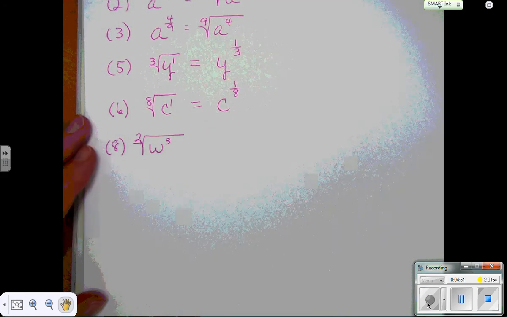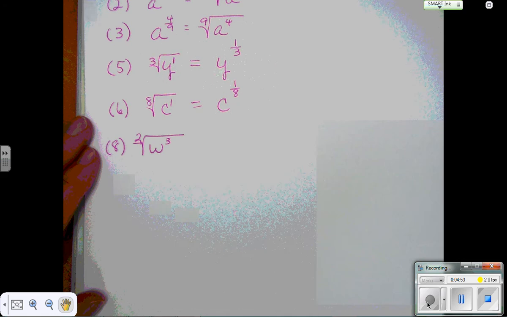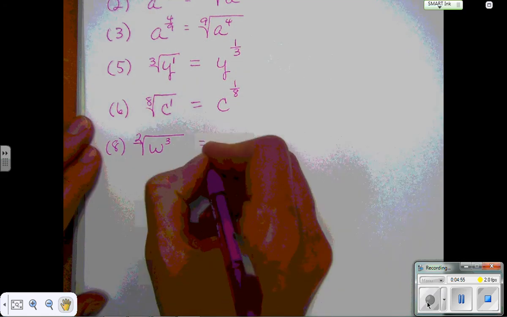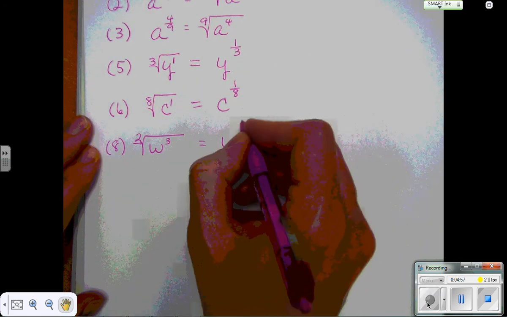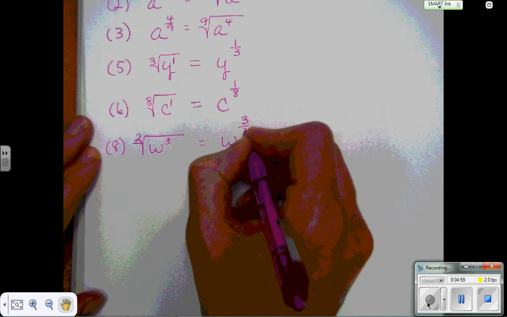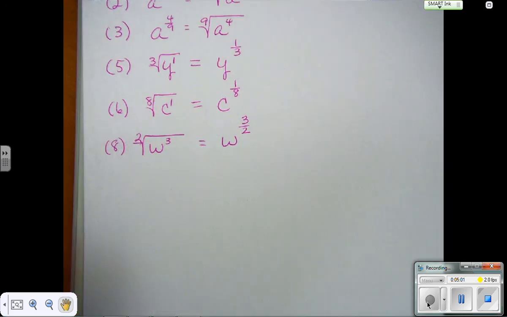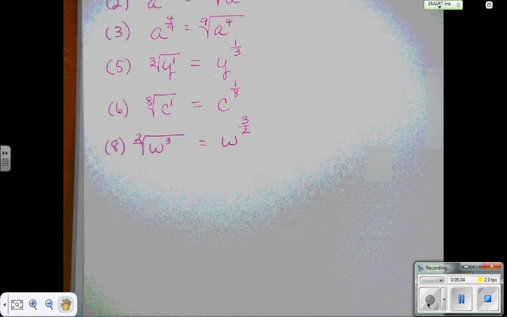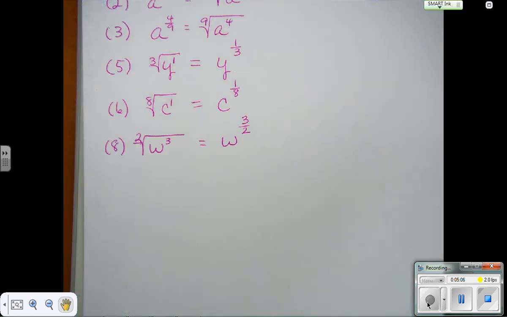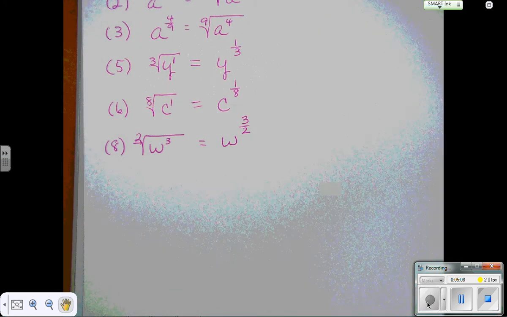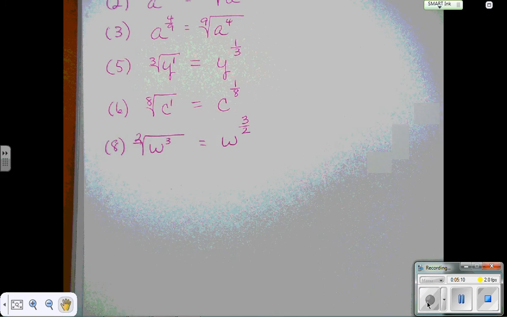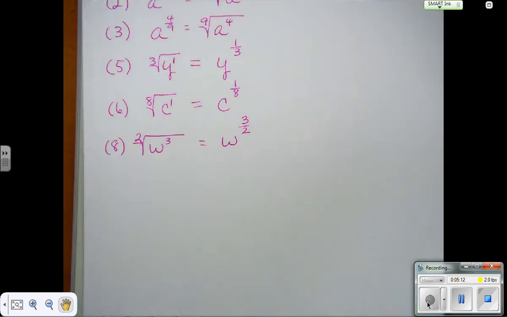Not necessary, but you could do that. So writing this as a rational exponent would be w to the 3/2. So your power is in the numerator, the root, the index, is in the denominator. So if you're having any trouble with that, make sure and put a question mark or write down your questions so we can go over it tomorrow in class.